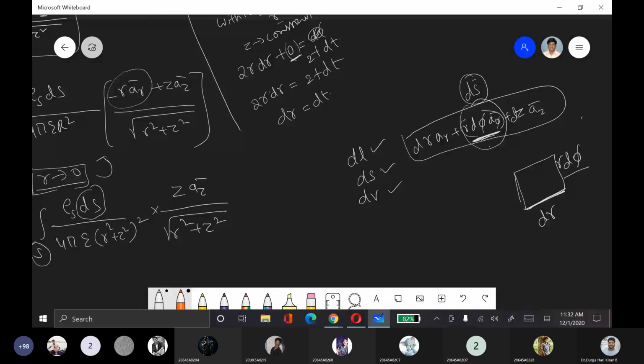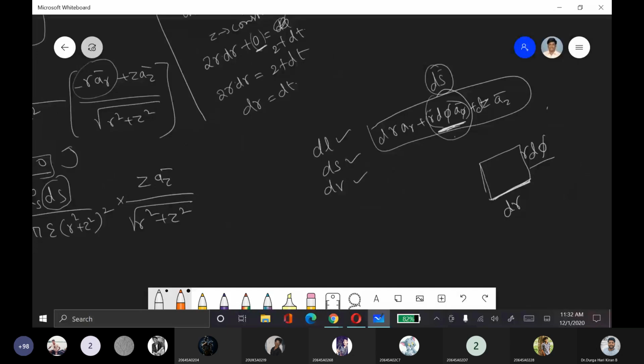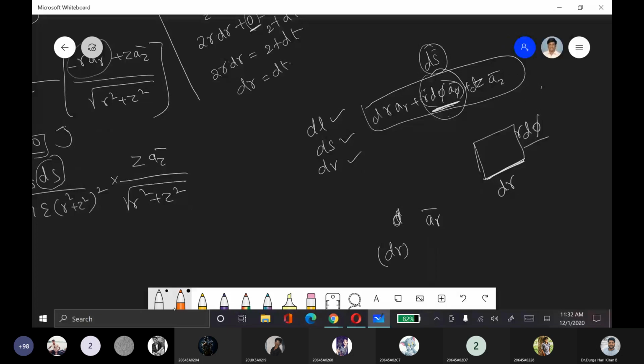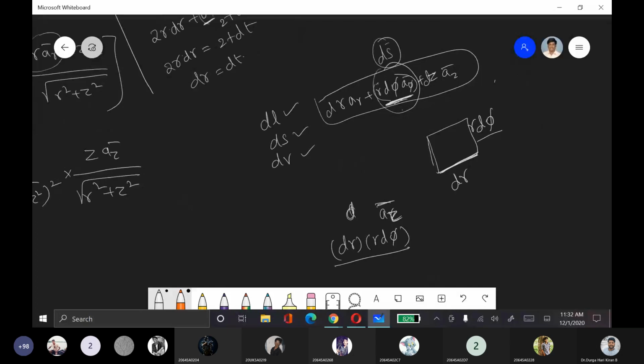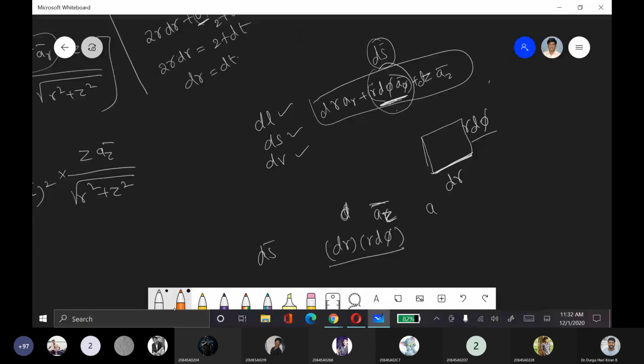For ds bar, the ar bar component will be r d phi dz, the a phi component will be dr dz, and the az component will be r dr d phi.